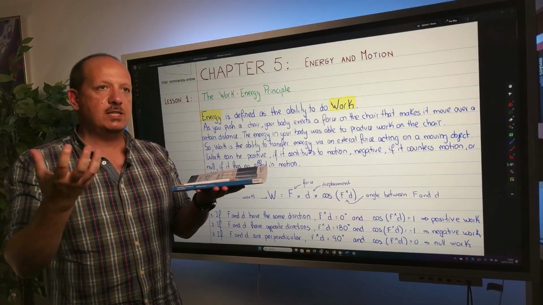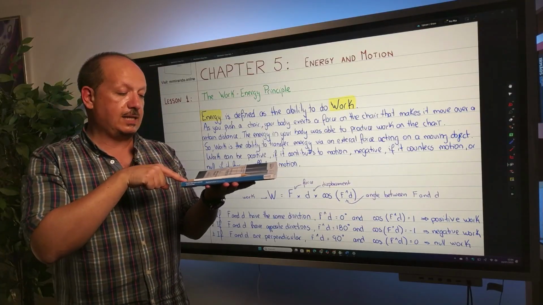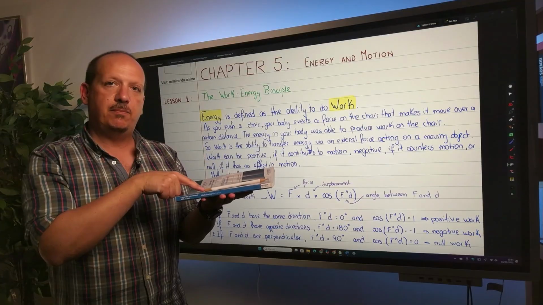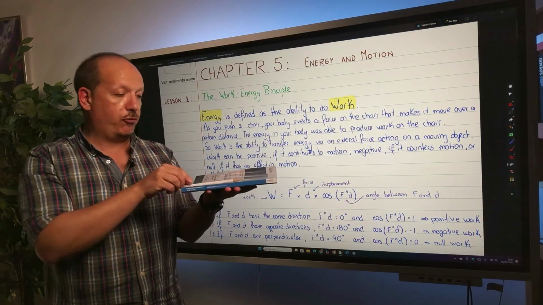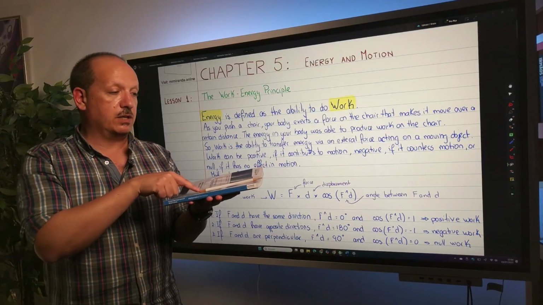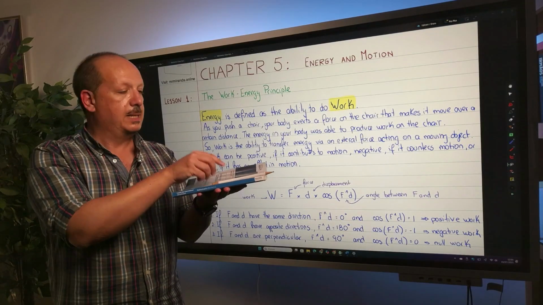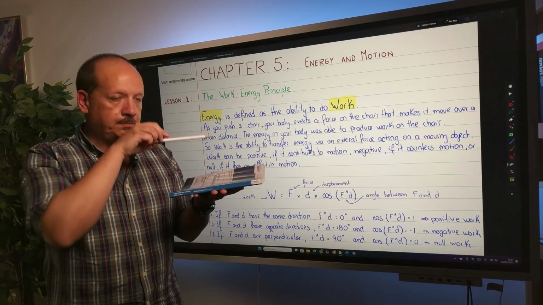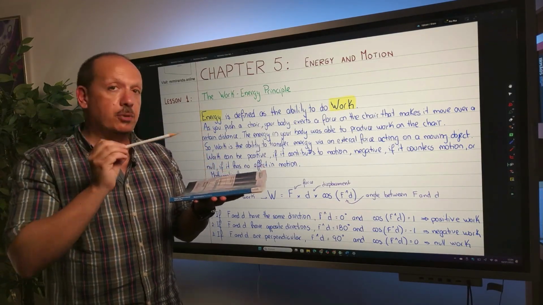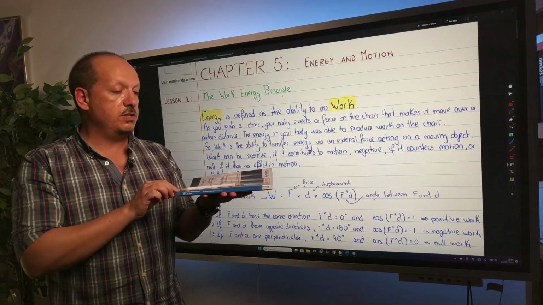And the means by which one is passed on to the other is through a force that I'm applying here with my finger. Okay, so there is a force applied to the marker. As a consequence, the marker is going to move a certain distance on top of this book. And the product of these two is going to be the work that the marker is going to have.